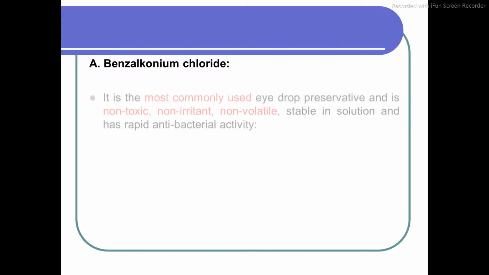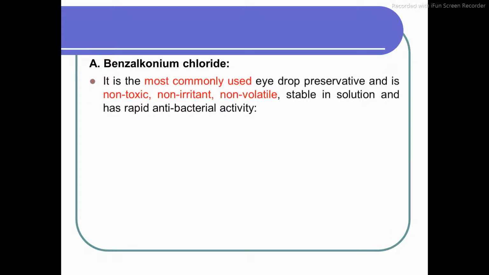Let us discuss the details about benzalkonium chloride. It is the most widely used preservative. Why? Because it is non-toxic, non-irritant and non-volatile in nature, stable in solution, and has rapid antibacterial activity. Whatever preservative we choose must be non-toxic and non-irritant.